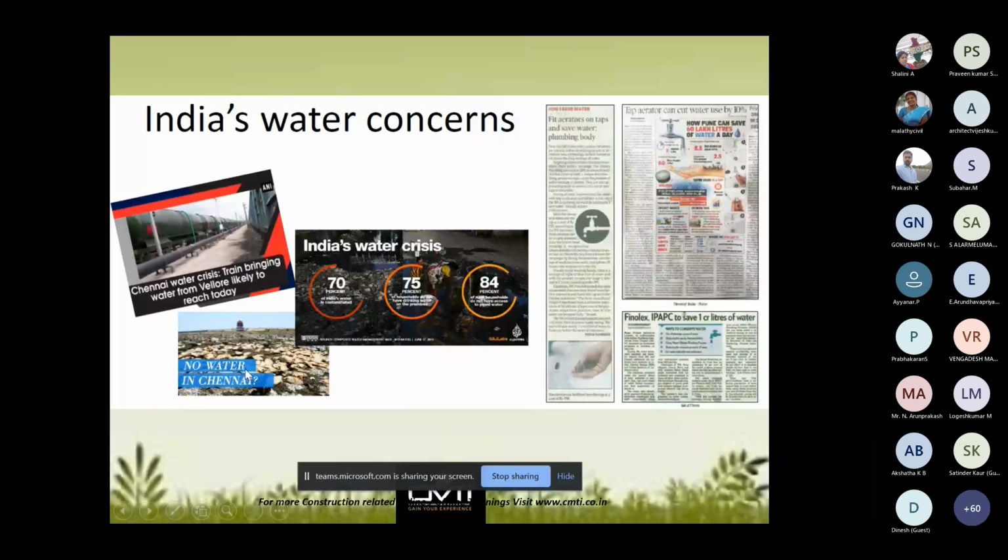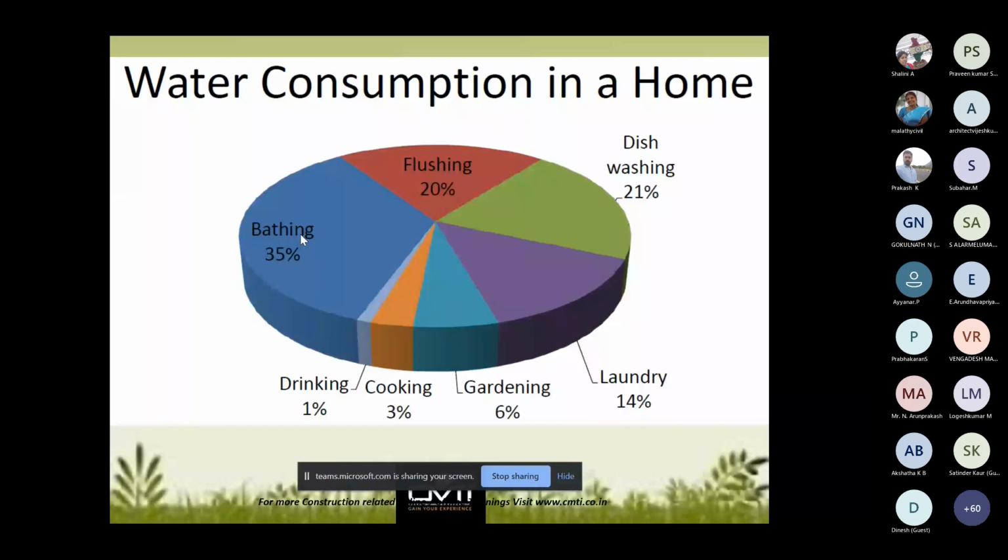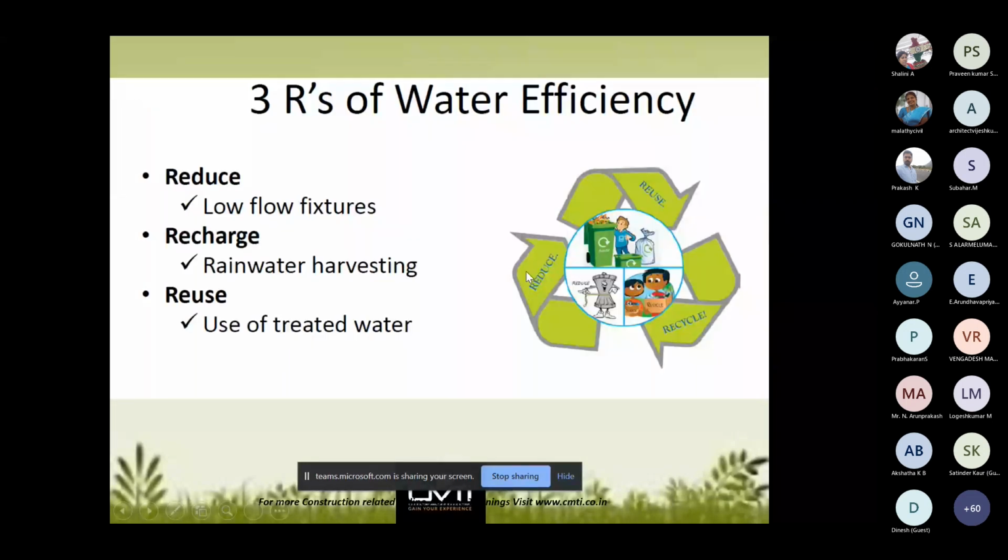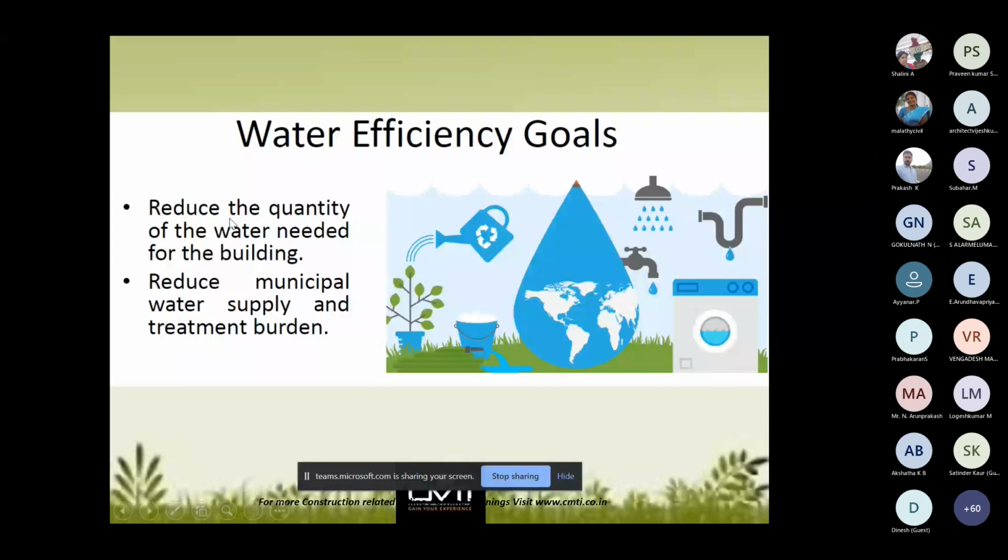The 3 R's are use of low flow fixtures, rainwater harvesting, and usage of treated water. The water efficiency goal is to reduce the quantity of water needed for the building and reduce the municipal water and treatment burden.